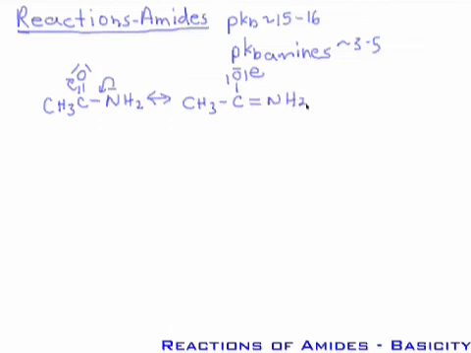And we get a minor contributor that has a C double bond N. And there is some evidence of hindered rotation as well. This feature was essential to the structure and biochemistry of amino acids, peptides, and enzymes.